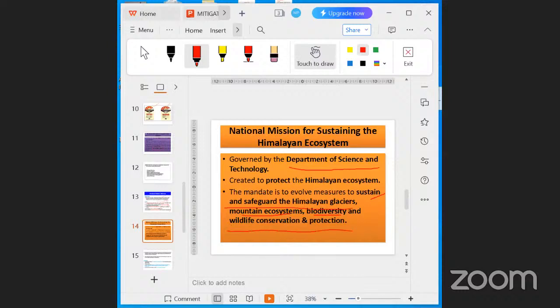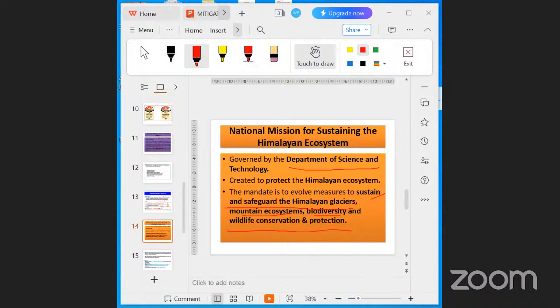So we have the National Mission on Sustaining the Himalayan Ecosystem because we know Himalayan ecosystems play a significant role in sustaining the Indian subcontinent, right? So especially protecting us from the warm currents or cold currents from the Siberian and other Central Asian states.